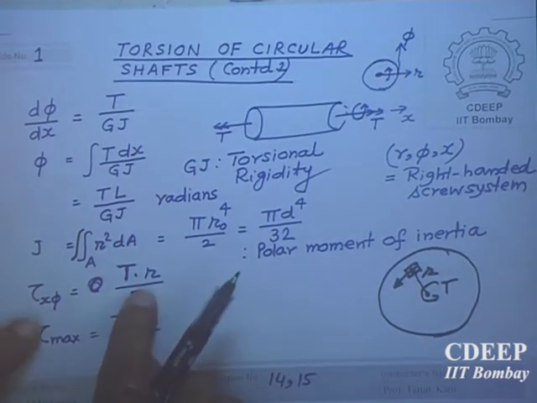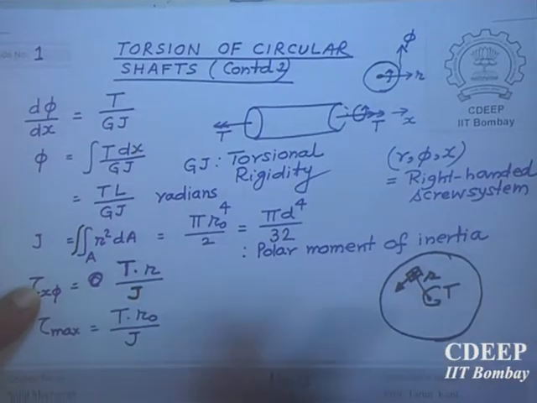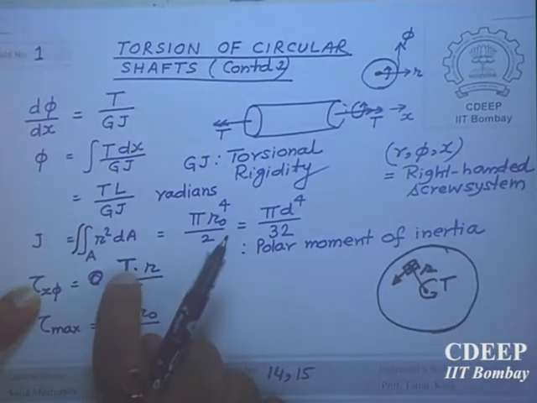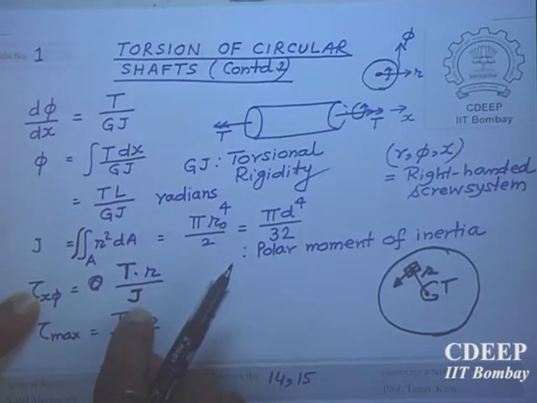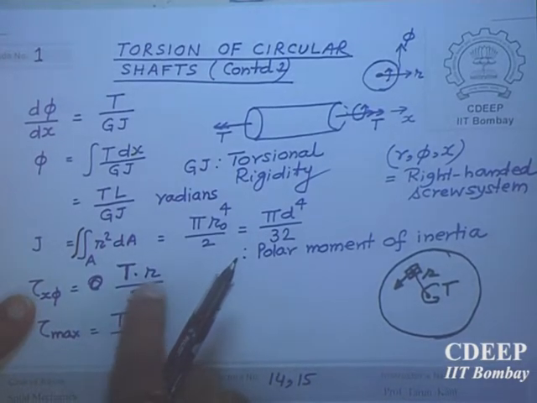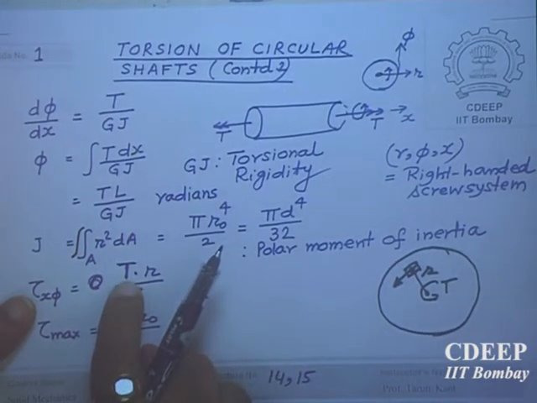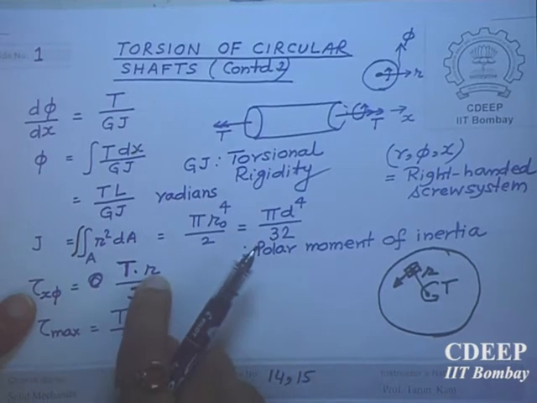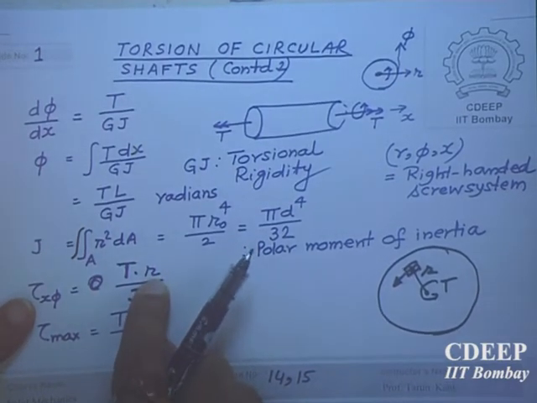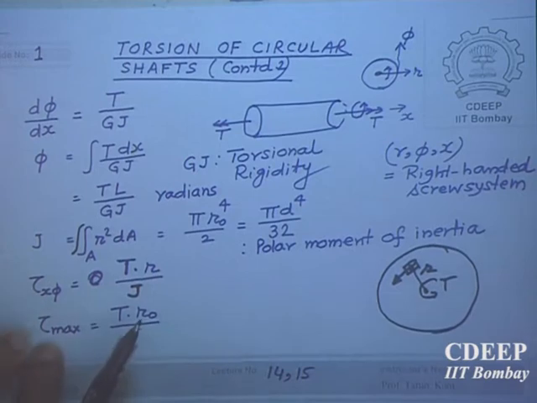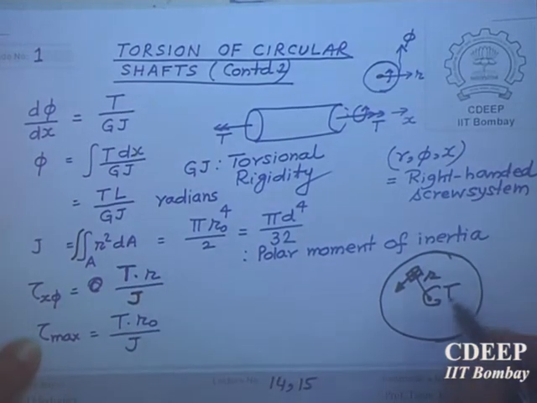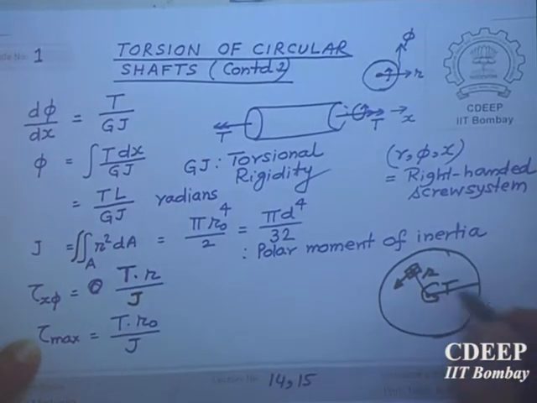And if you want the maximum shear stress, it is a function of r, because T is constant, J is constant for the cross section, so only r is variable. The maximum value of r is r naught. So tau maximum will be, so what is the variation of shear stress?